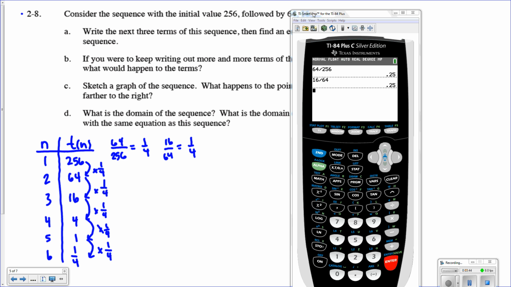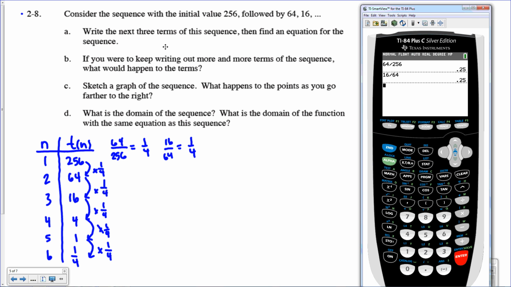So our next three terms in our sequence are 4, 1, and 1/4. It says if you were to keep writing out more and more terms of the sequence, what would happen to the terms? Well, each time we're multiplying by 1/4, right? So in this case, they're going to get smaller and smaller, but they're never going to reach 0 or become negative.